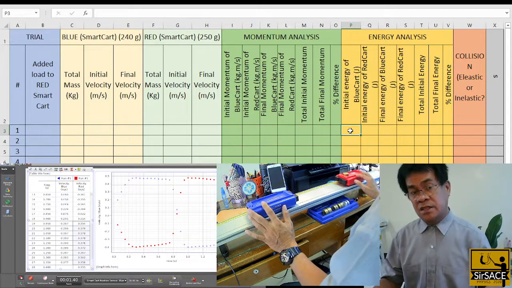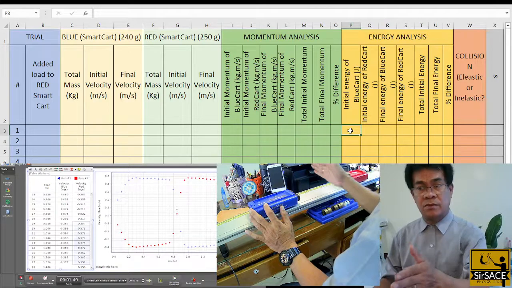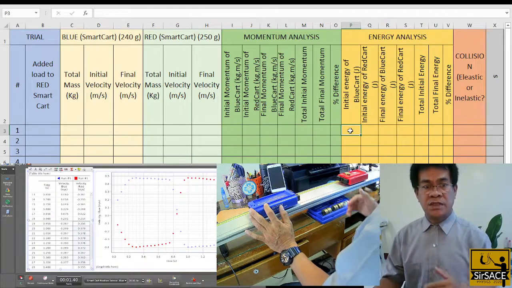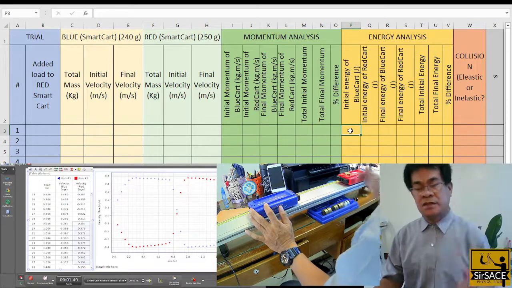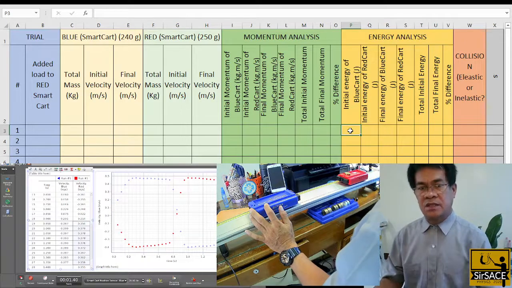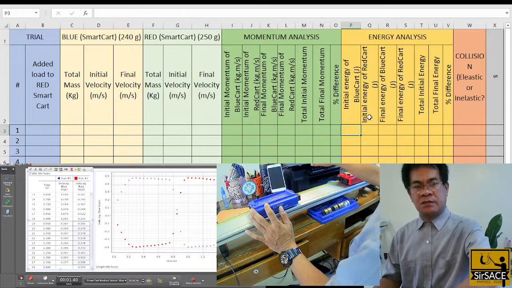So the kinetic energy of the blue card will be, remember the formula is 1/2 mv squared. So we have the mass of the blue multiplied by the initial velocity of the blue, and that will be the velocity squared. Okay, 1/2 times the mass times the velocity squared is the initial energy of the blue card. And do the same on the red card.